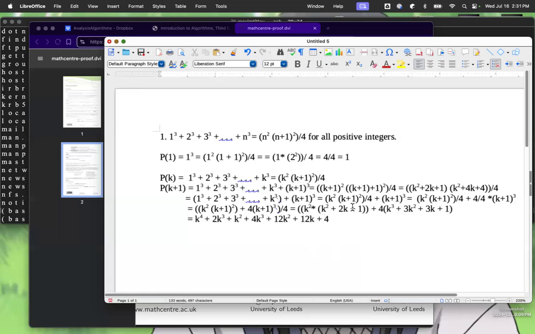Okay, so now I need to combine like terms here. I have k to the fourth, this guy here, plus, here I'm going to have my k cubes collected together. So I'm going to have 6k cubed.